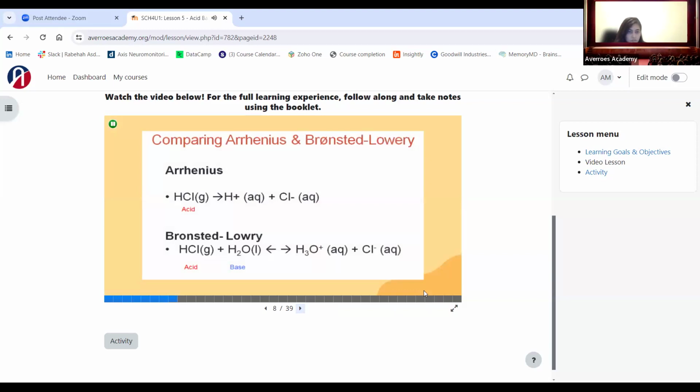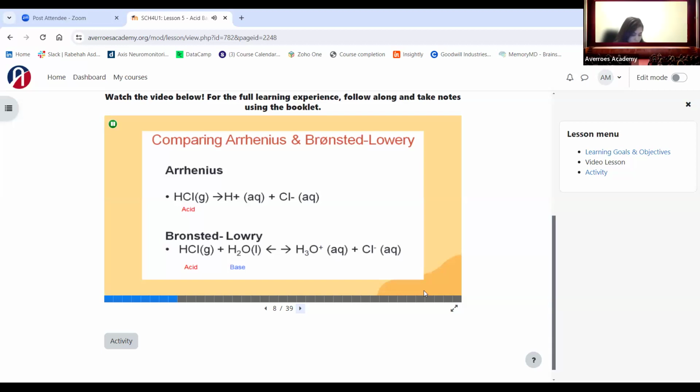So in a proton transfer reaction at equilibrium, and we're looking at the Bronsted-Lowry theory, both forward and reverse reactions involve Bronsted-Lowry acids and bases. So for example, in this hydrochloric acid solution, the forward reaction is a proton transfer from the hydrochloric acid to the water molecules.